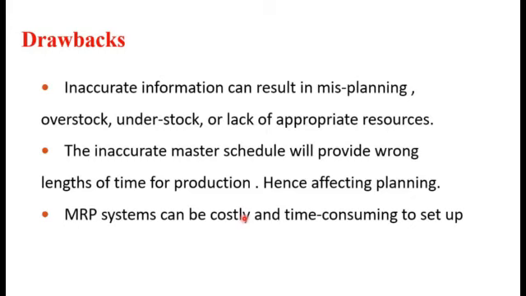If we mistakenly provide inaccurate information, it can result in misplanning or overstock or understock of inventories. An inaccurate master schedule will provide wrong lengths of production time, hence it affects production planning.